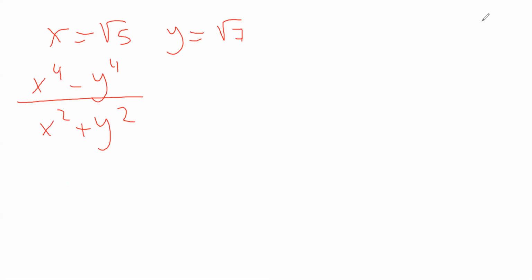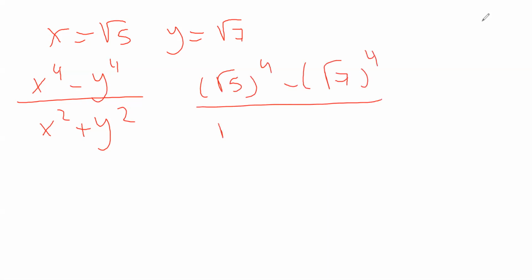Of course, here I can remove x and put root 5 power 4 minus root 7 power 4, and since he wants a numerical value, I can easily use my calculator.